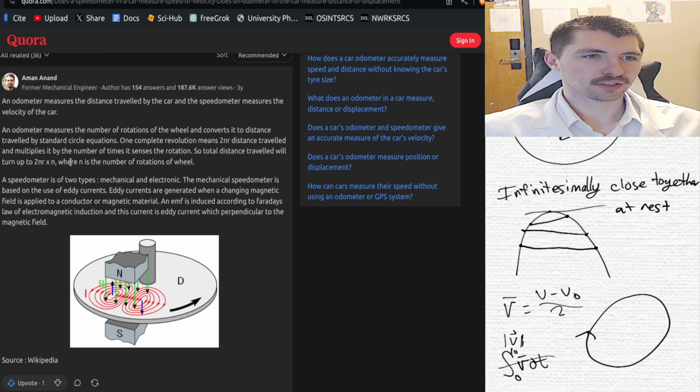An odometer, distance traveled. Speedometer is the velocity.